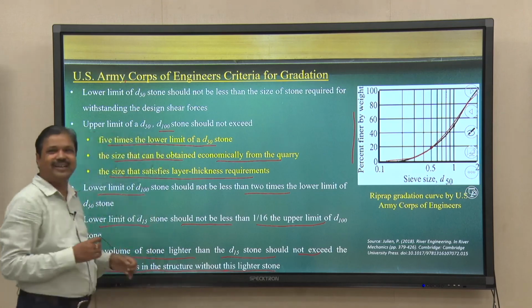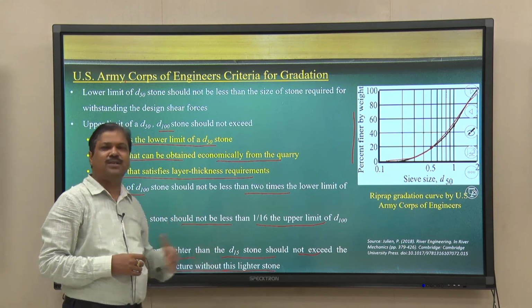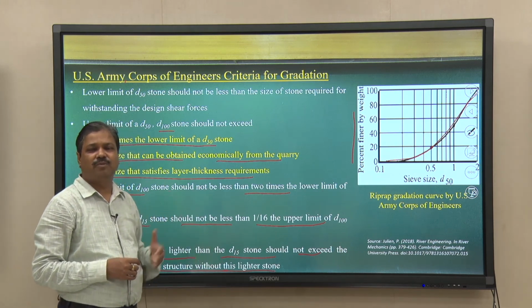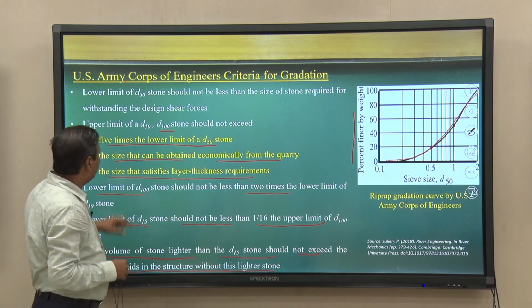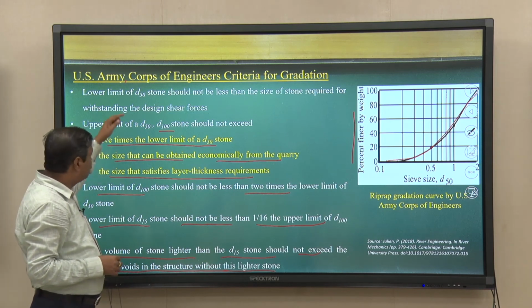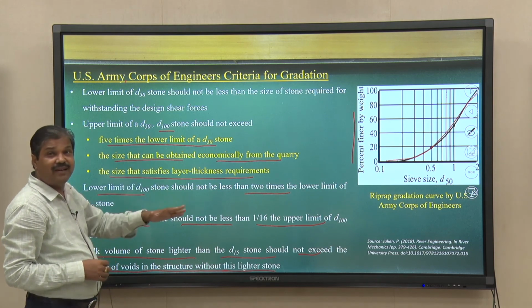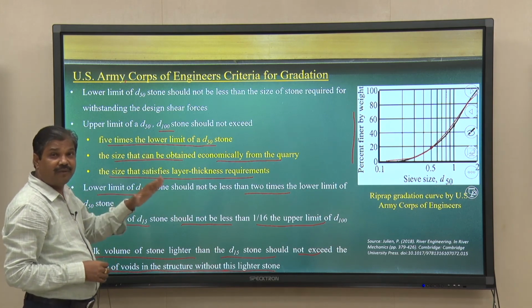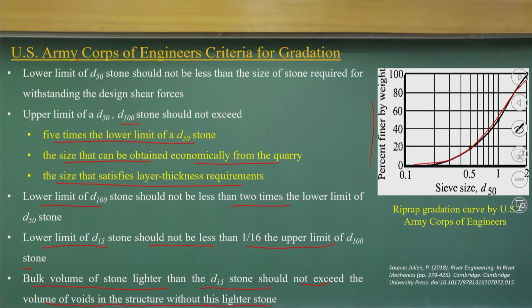These are the design guidelines they have prepared, having a lot of experience in the stability of stone riprap. The US Army Corps of Engineers has followed these guidelines. Just follow the guidelines, because that is the advantage for the stability of stone riprap. That is what the upper limits, the lower limits, and design guidelines they have prepared.